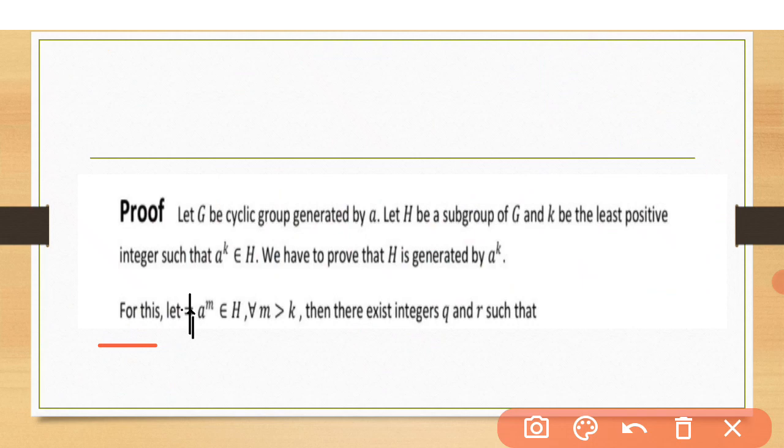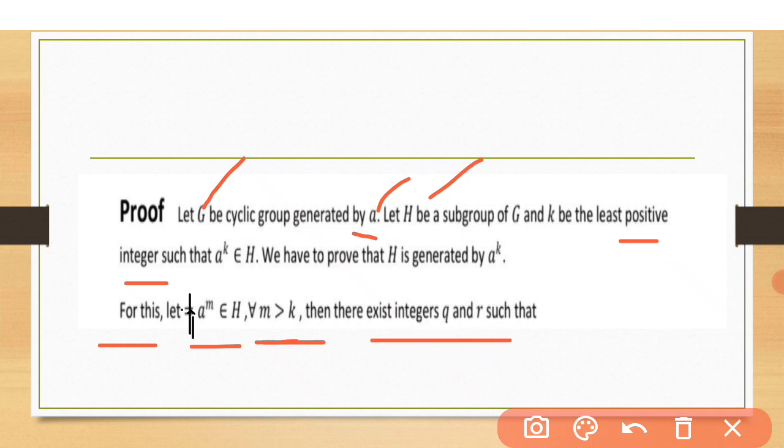For this, let a raised to power m belong to H. As I said, a is the generator of all the elements of G and also of all the elements of H. So every power of a gives us an element which may belong to G or H. So for all m greater than k, because k is the least positive integer, there exist q and r.